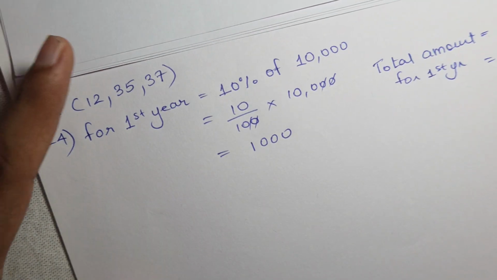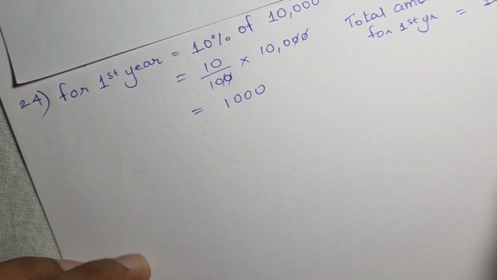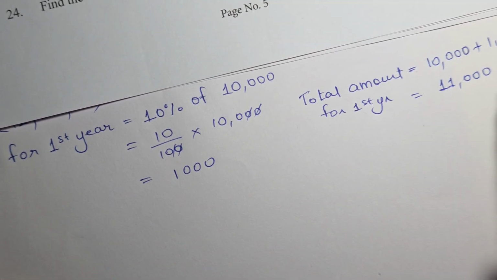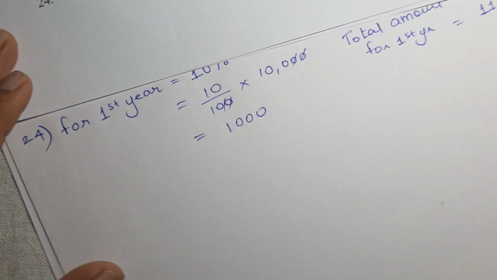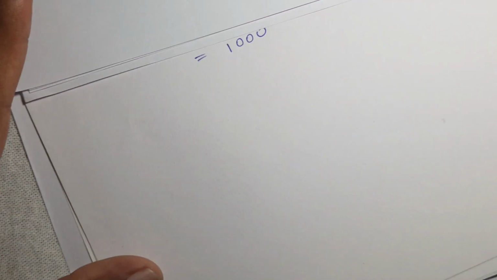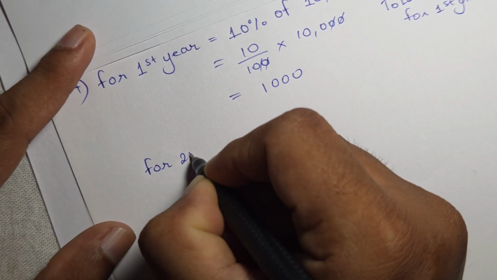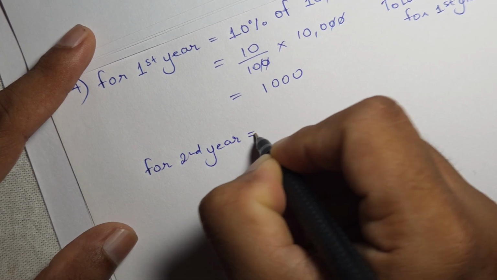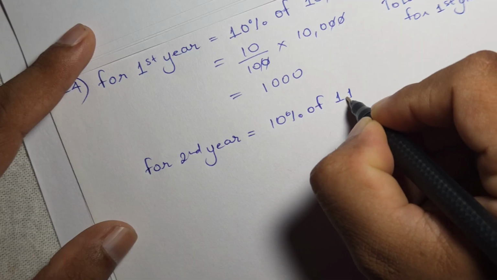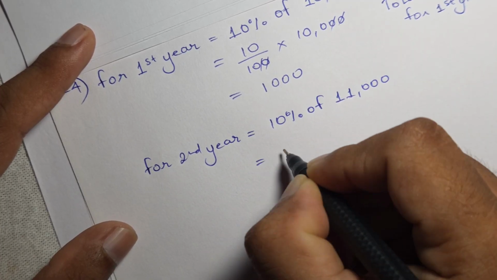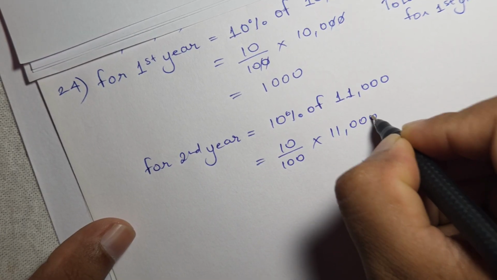Now for second year again, I need to find the 10% of that particular amount. Which amount? This amount, which I have collected for the first year. So for second year, 10% of the new amount, that is 11,000, and 10% can be written as 10 upon 100 into 11,000, correct?